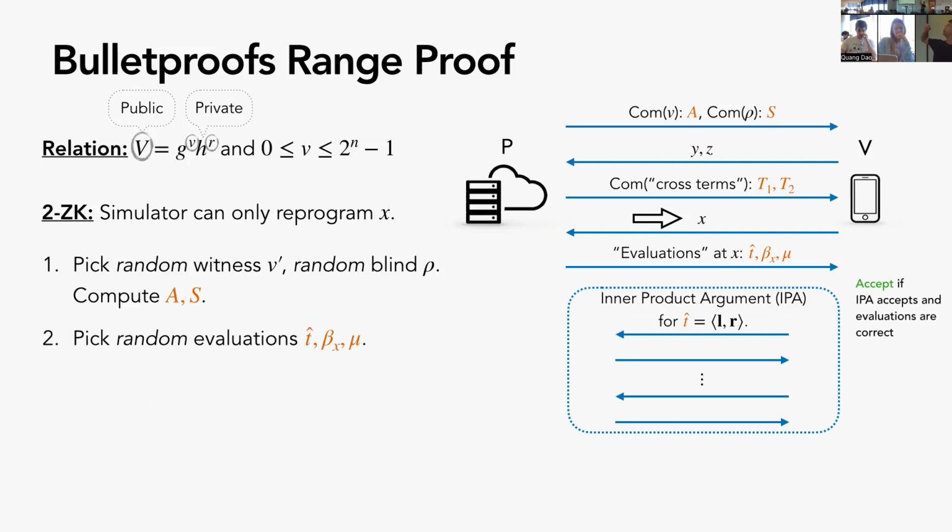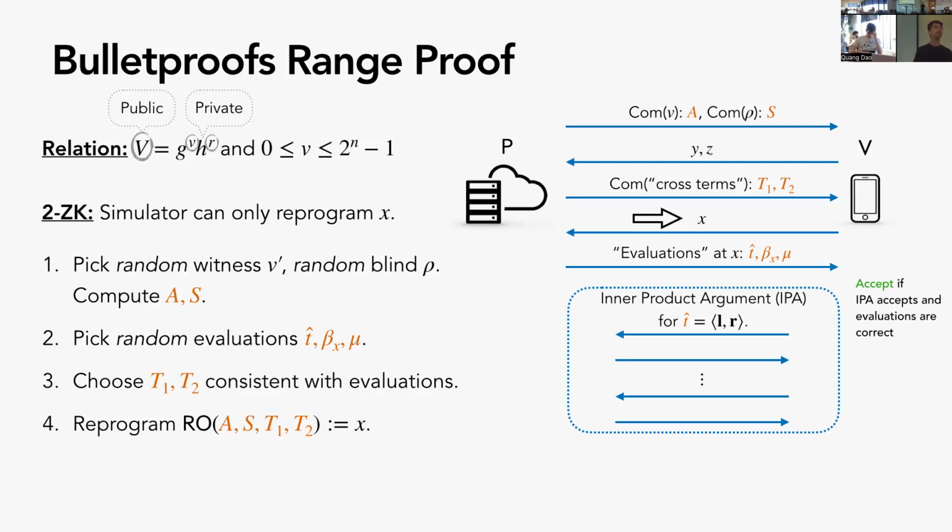Then we skip the second round messages and we choose the third round message. And then we go back and we choose the second round messages to be consistent with the third round. We can choose messages out of order this way because we have the opportunity to reprogram the random oracle.